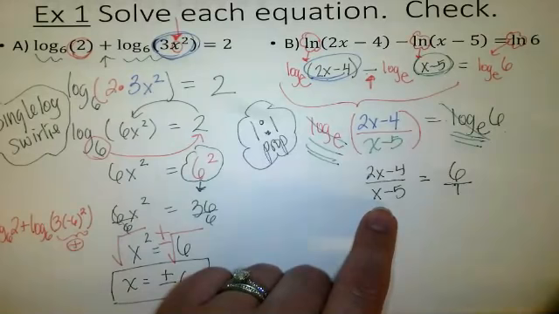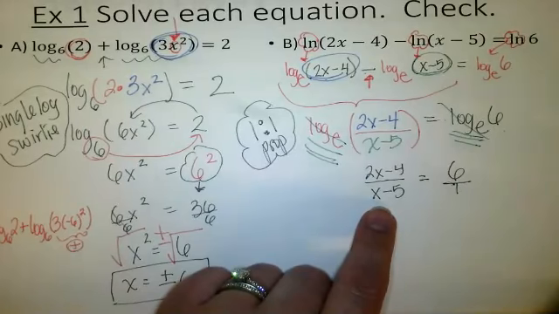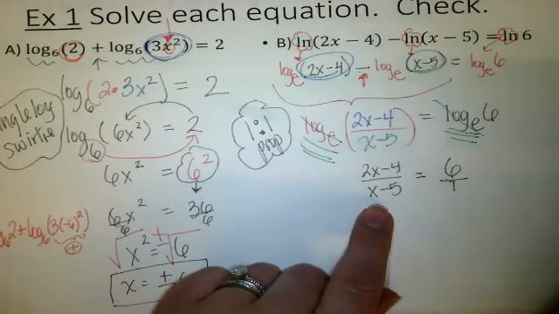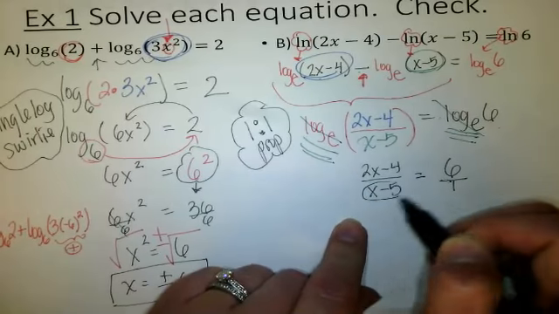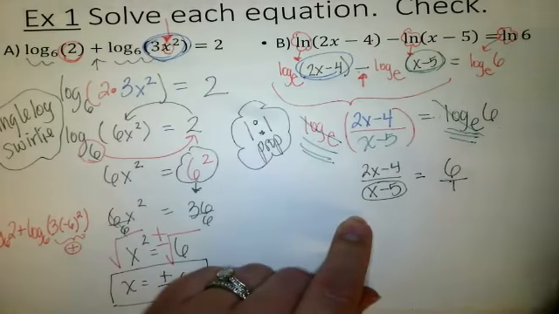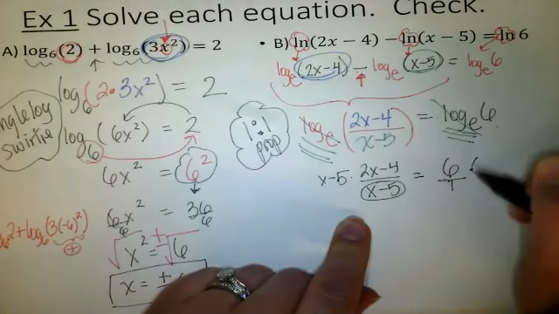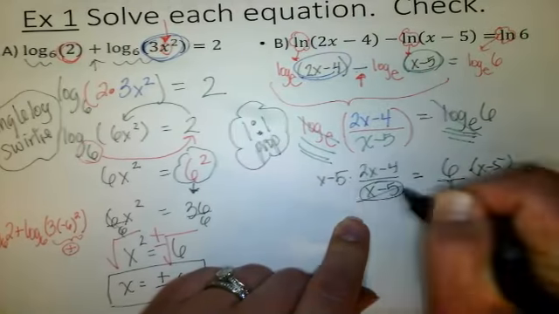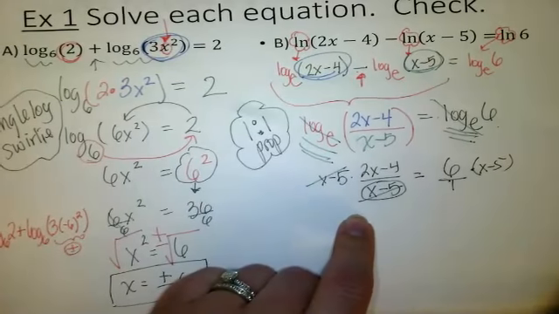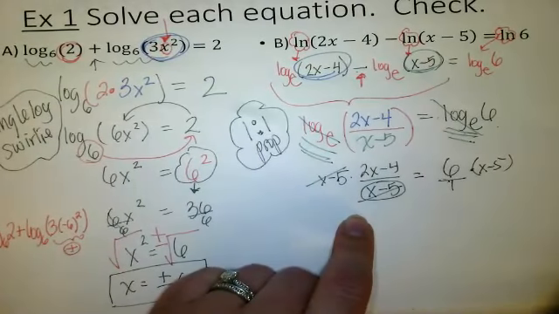Then what do you want to do? Cross multiply. Very good. Yeah, so I don't want to divide by this thing, so we can actually multiply. Technically, we're multiplying both sides by x minus 5, but over here they just sort of cancel one another out. So that's how we can deal with that. Or just think cross multiply.